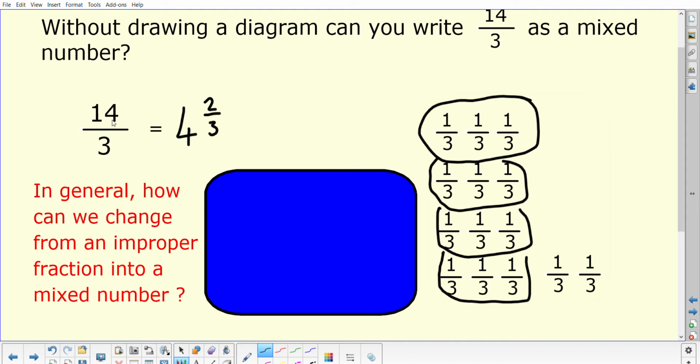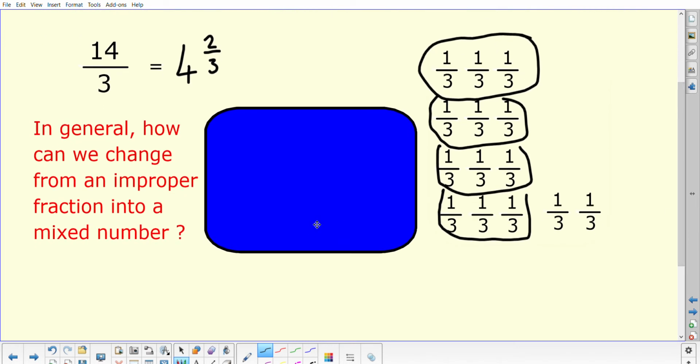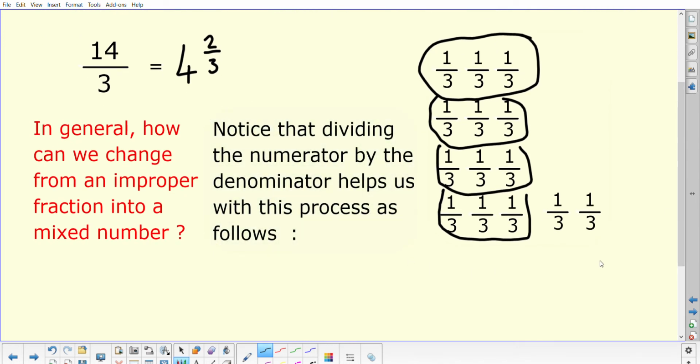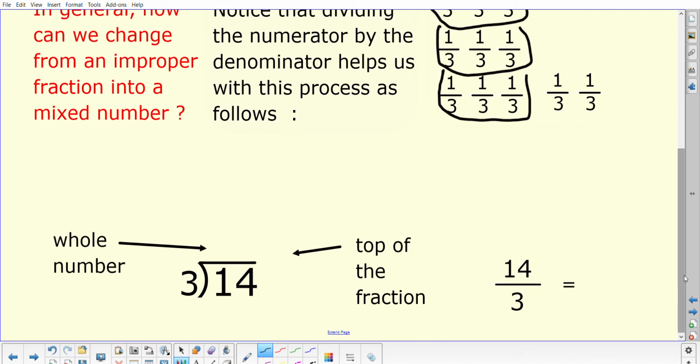So in general, how can we get from this 14 over 3 into 4 and 2 thirds, again without drawing the picture? What I'd like you to notice is that if we divide 3 into 14, so that's the bottom of our fraction, our denominator, 3 goes into 14 4 times, but you also get a remainder, and that remainder in this case is 2.